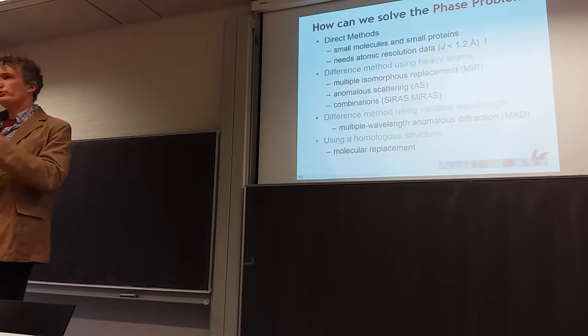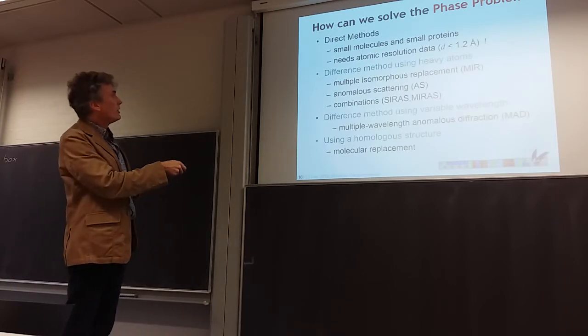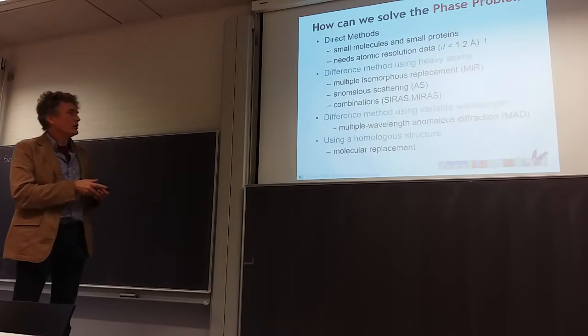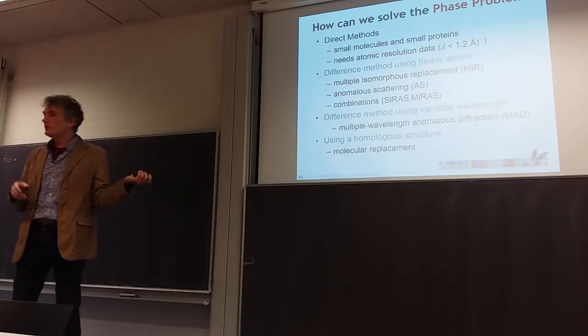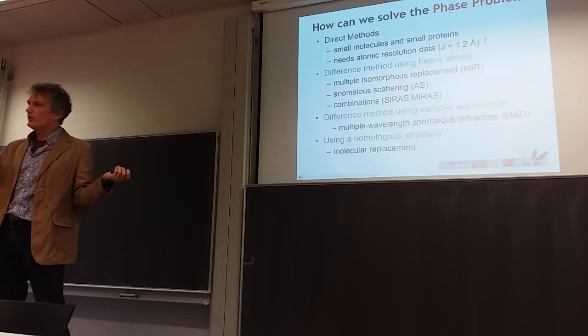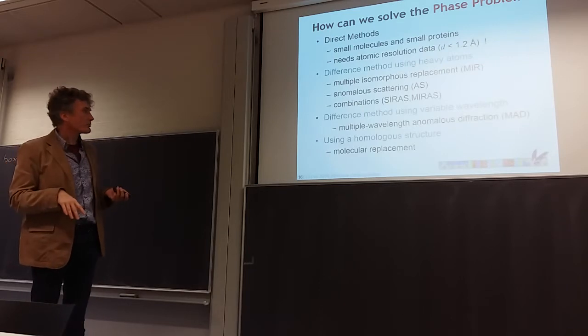And from the shift in the amplitudes, you can calculate the phases, or at least estimate the phases to some respect. It's called isomorphous replacement. There are some other tricks you can do. You can use different wavelengths, because if you do the experiment again with a different wavelength of X-ray radiation, from the difference in the diffraction pattern, you can also estimate the phases.